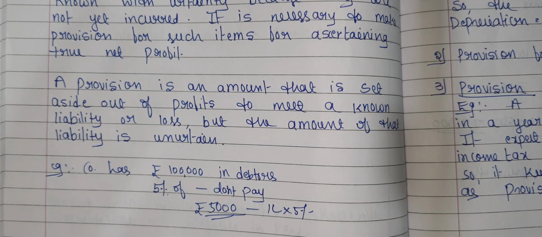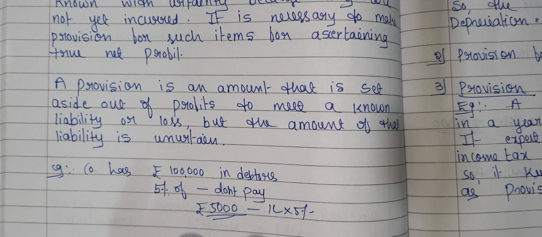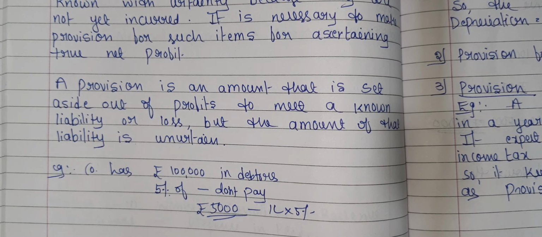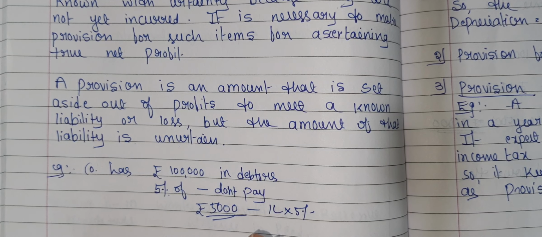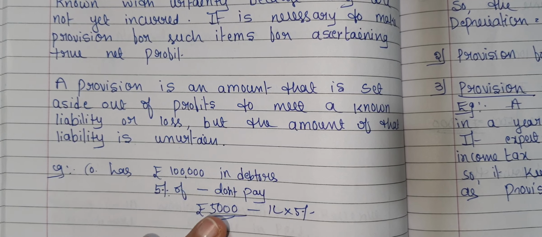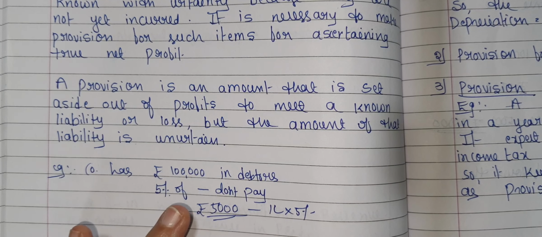So when the loss happens, we recover it from the provision. This way the loss does not affect future profits because we already planned for it. We have already set aside, out of profits, rupees 5,000 in this example. Clear? So I hope this is clear to you all.